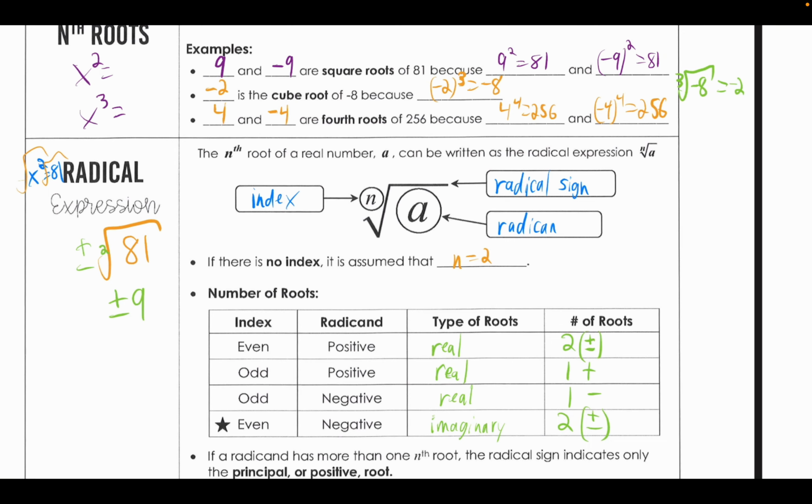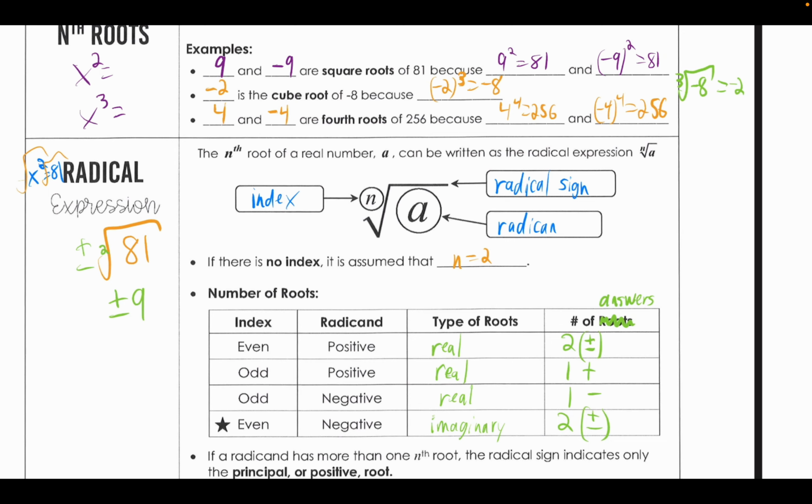So even indexes, or even roots, will always result in 2 answers. Whereas odd indexes, or odd roots, I don't really like that this says roots there. I'd like it more to say answers. But really I'm going to call this whole thing a root.